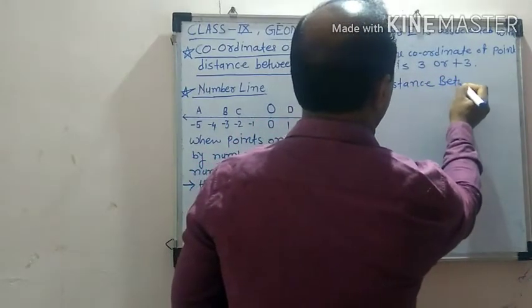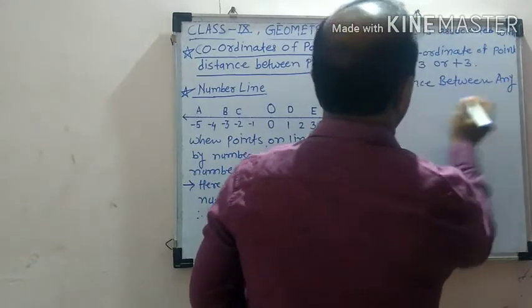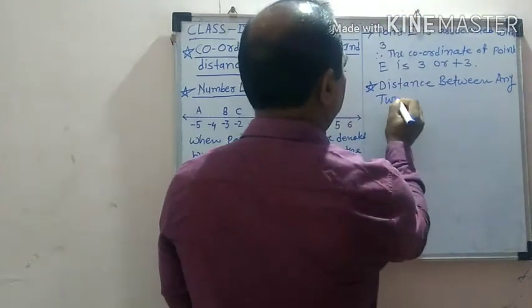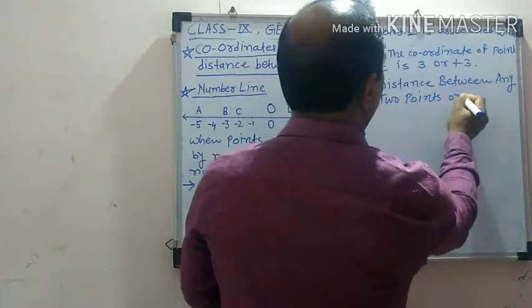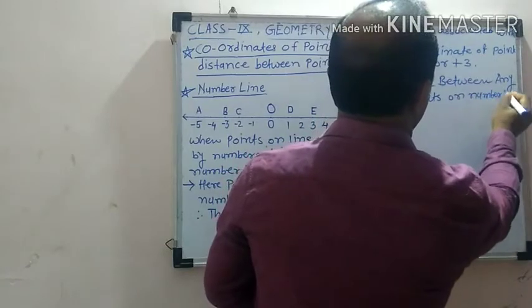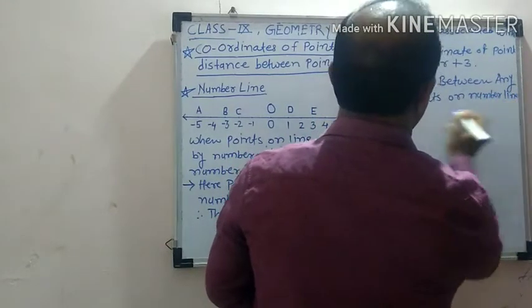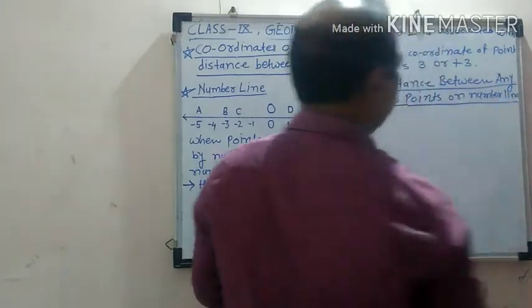Distance between any two points on the number line.